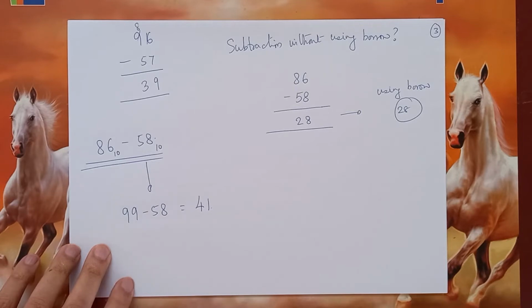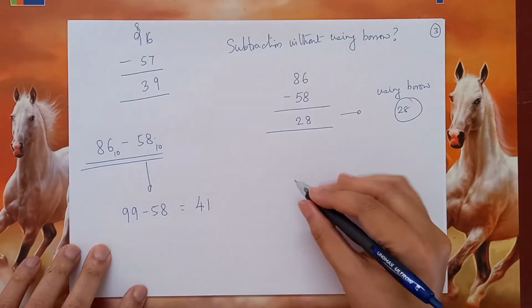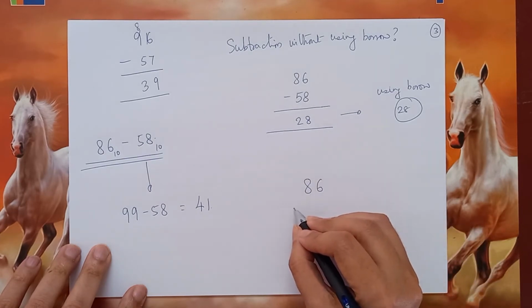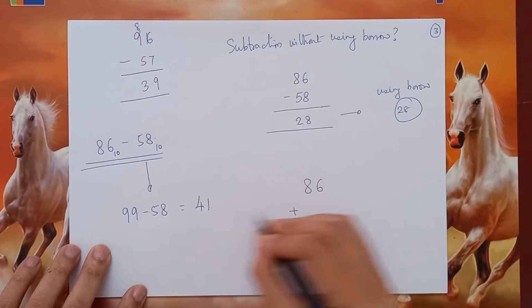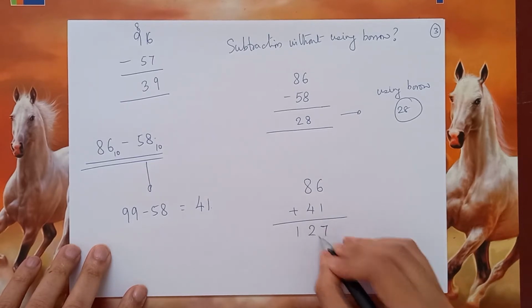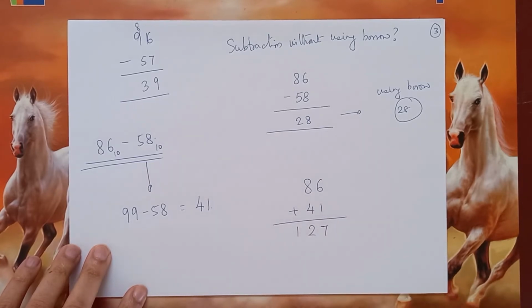Yes, it is 41. Now when I have 41, I will go back to my first number, and I will use the first number 86 and add this 41 to it. So what I will get is 7, 1, 2. So the answer is 127.